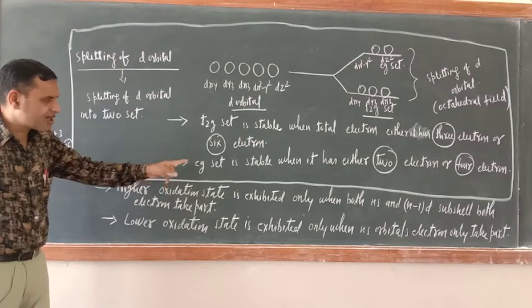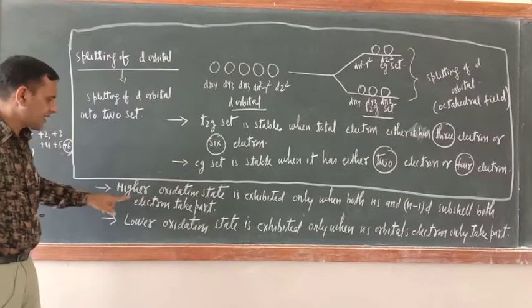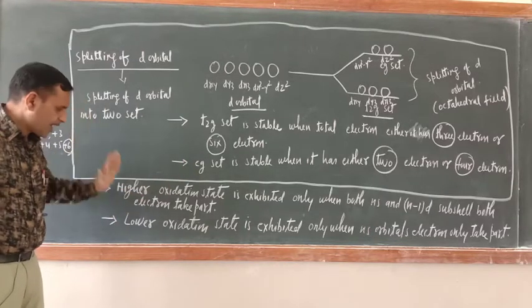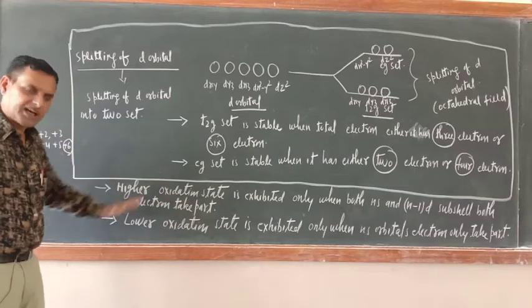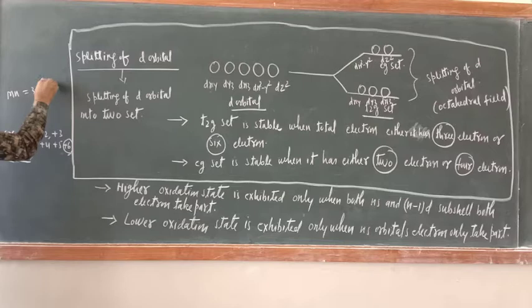So higher oxidation state is exhibited only when both ns and (n-1)d subshell electrons take part. And for lower oxidation state, just see here, it will exhibit plus 2 or plus 3 when only the 4s electron is taking part. Let us say manganese. Manganese is 3d5 4s2. So it can exhibit oxidation states plus 2, plus 3, plus 4, plus 5, plus 6 and plus 7.